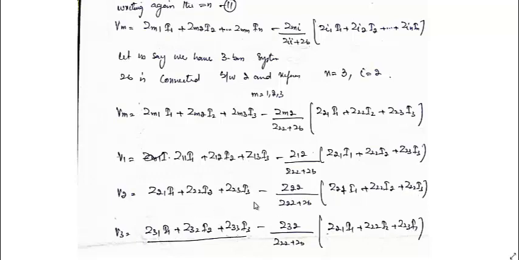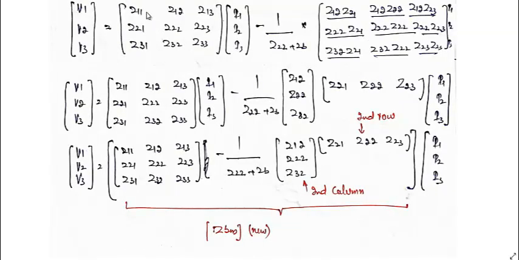Now I can represent this in terms of matrices, that is V1, V2, V3 will be equal to the matrix Z11, Z12, Z13, Z21, Z22, Z23, Z31, Z32, Z33, multiplied by I1, I2, I3.